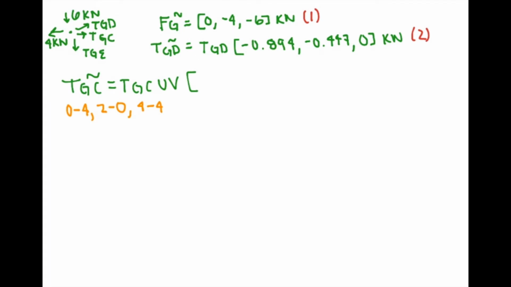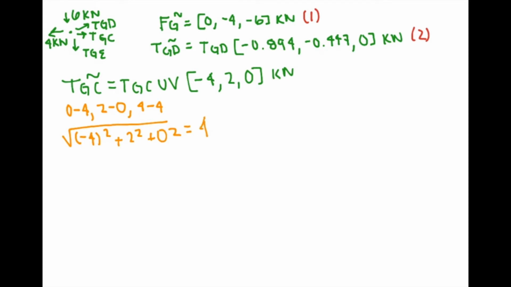As you can see, we'll have minus 4, 2, 0 kilonewtons. Again, we'll solve for the unit vector. Minus 4 squared plus 2 squared plus 0 squared, which equals the same thing, so 4.472. Again, we'll solve for the following values.